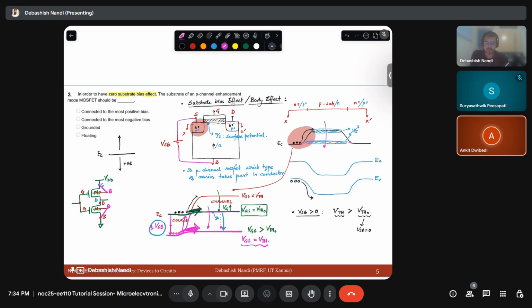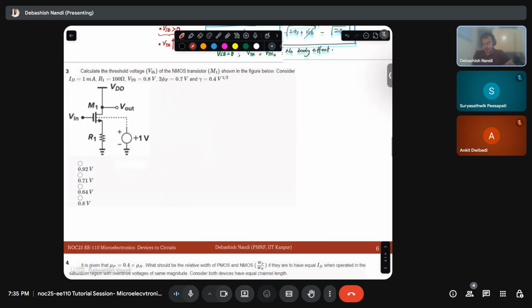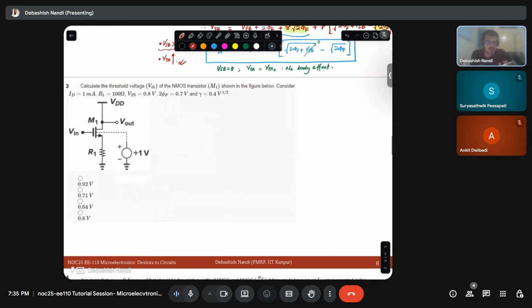Most positive, because it is connected to VDD. Most positive bias. Why? Because it should be connected to the source, and for a P channel MOSFET, source is connected to the highest potential, right? Okay.